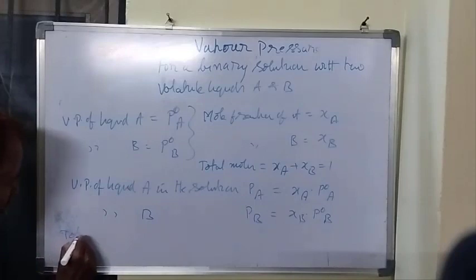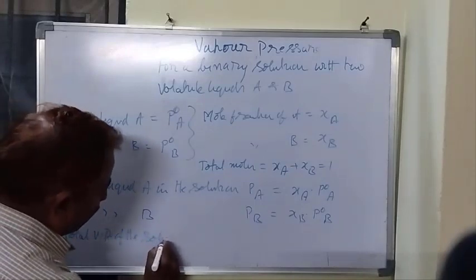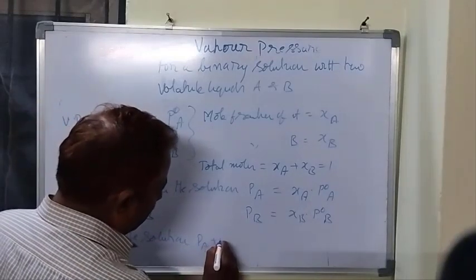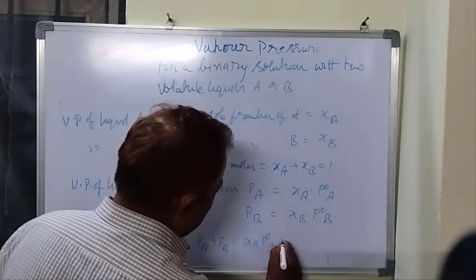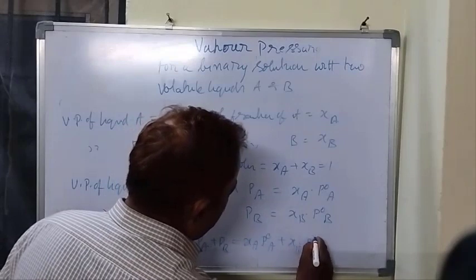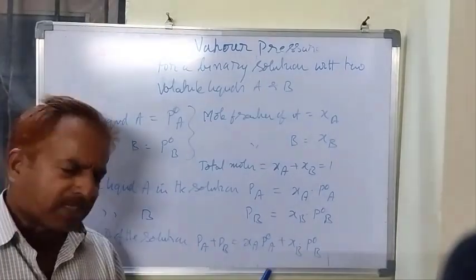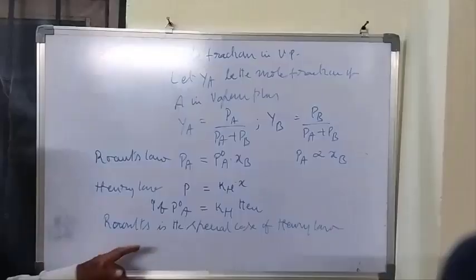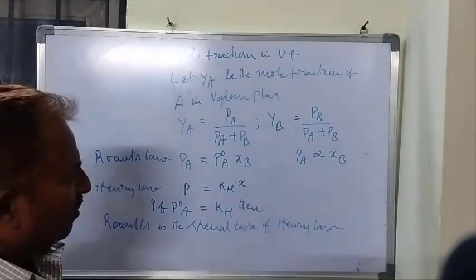Therefore, the total vapor pressure of the solution, PA plus PB, is equal to XA into P0A plus XB into P0B. So this is the total vapor pressure. When P0A becomes KH, then Raoult's law is a special case of Henry's law.